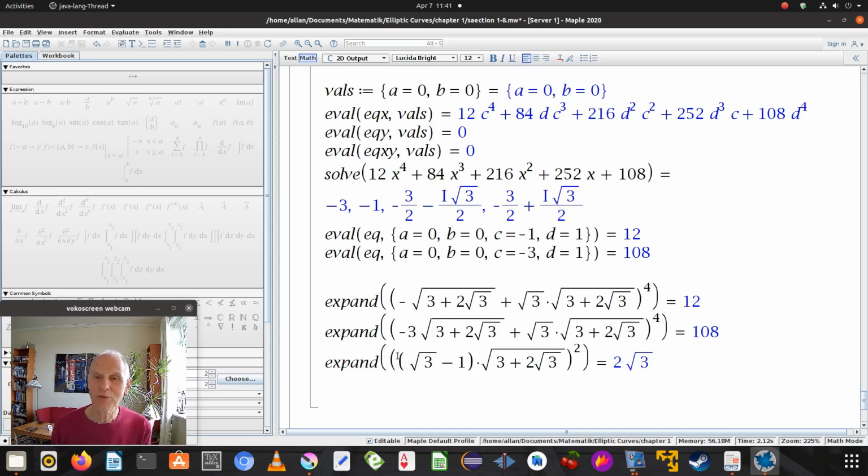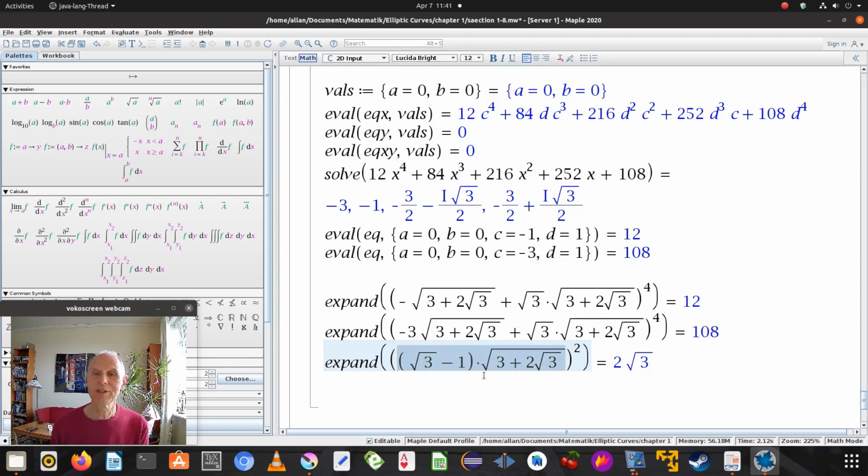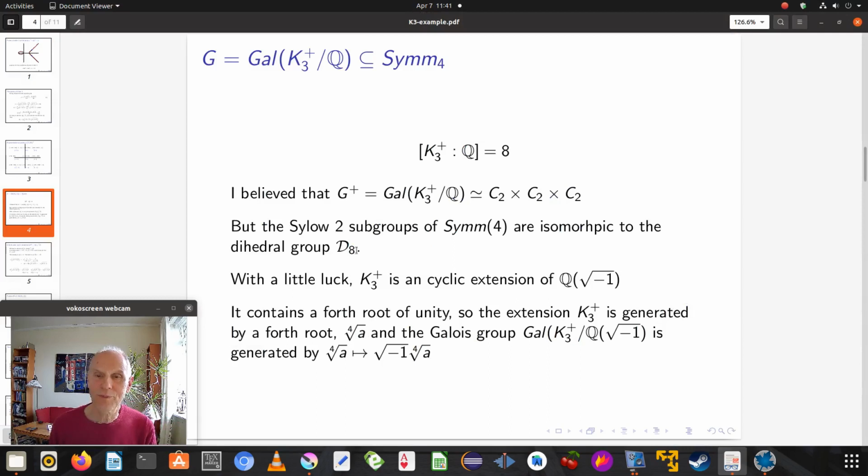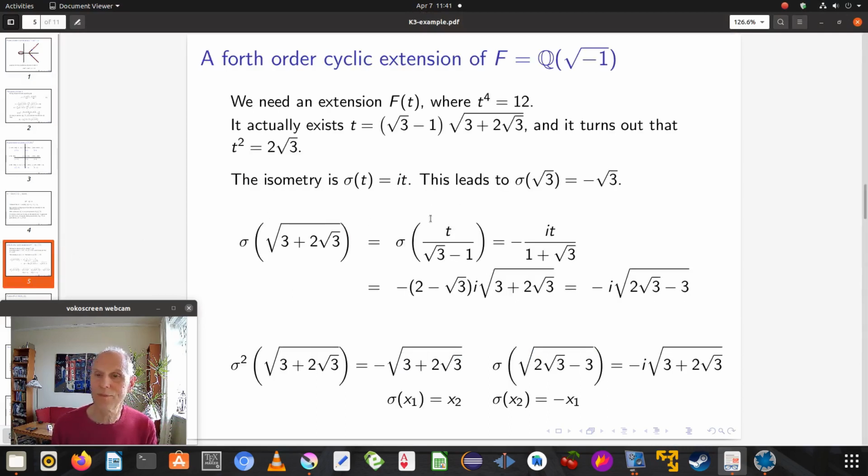So now we've found an element. Oh, this is the element to extend the Gauss fractions. And here we have it.